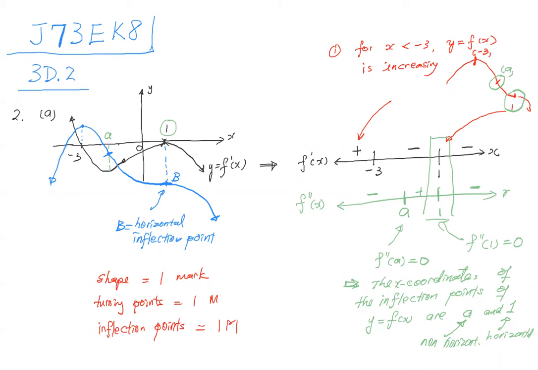So total, this is only 3 marks. Have I explained it clearly to you? Anyone got any question you'd like to ask? The position of the graph, never mind. You can draw a bit higher, a bit lower, it doesn't matter.